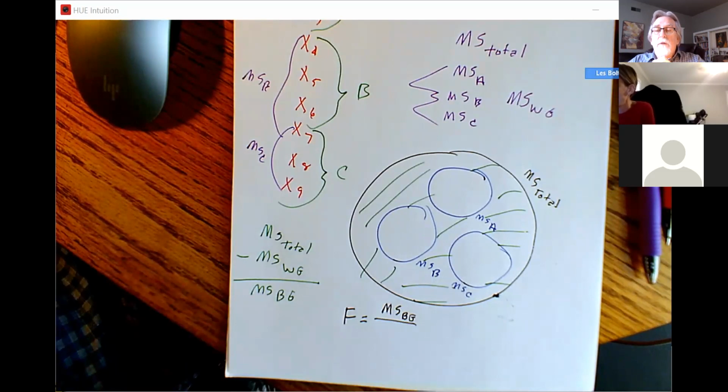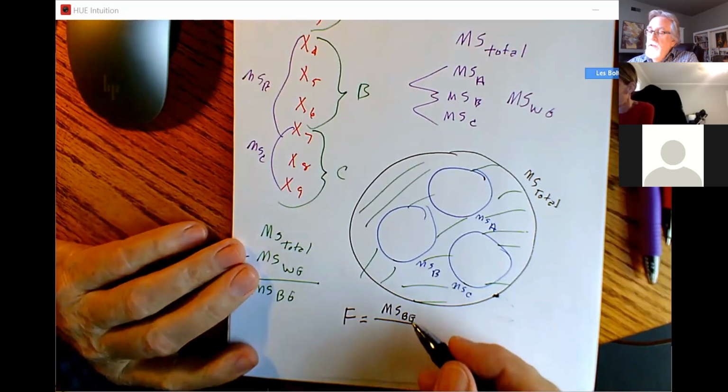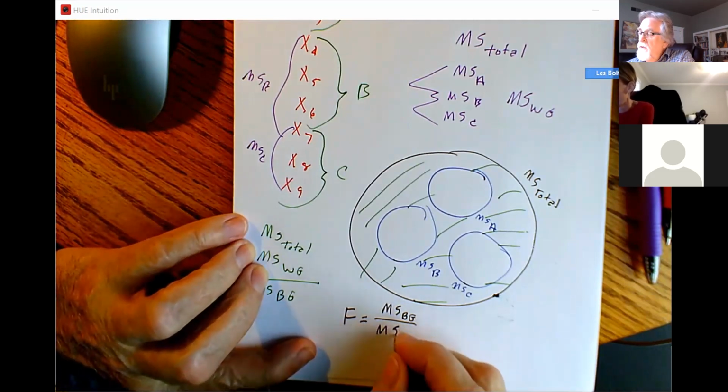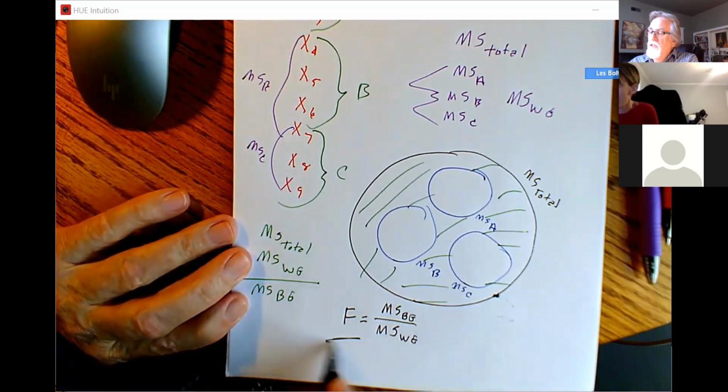And on the bottom of that ratio is an error term, an unbiased estimate of error. And that error term reflects the random error that's within the particular groups. So the F is the comparative, mean squares between groups, over mean squares within groups. And that gives us an F statistic.